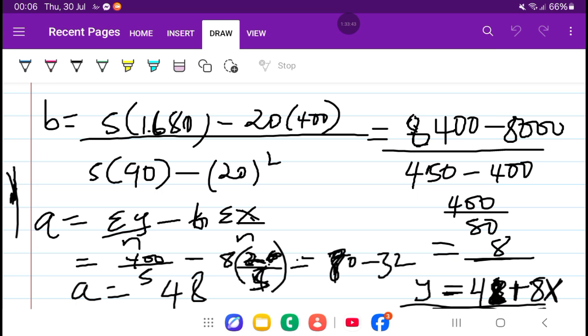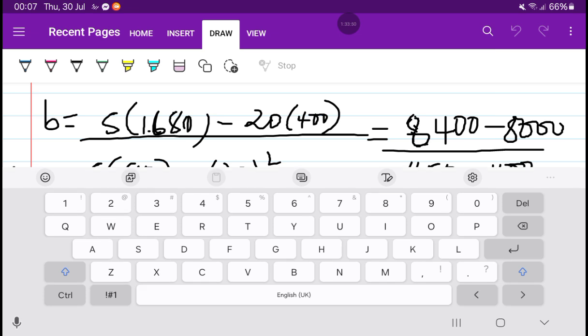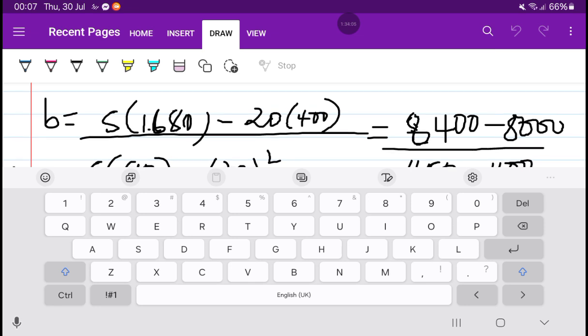So I want us to look at now the second method of having a line of best fit. Remember, when you draw the line of best fit, if they tell you to get other values, you just plot that value they have told you. If the value is on the x-axis, you draw that line.